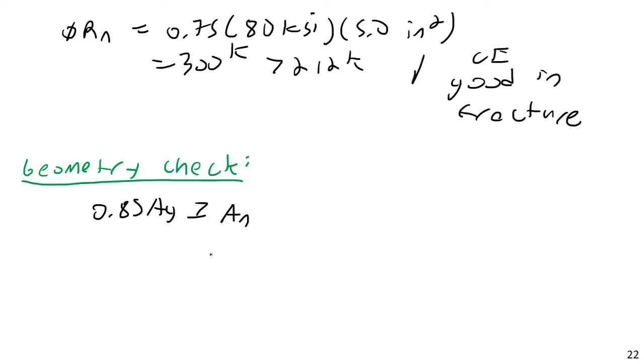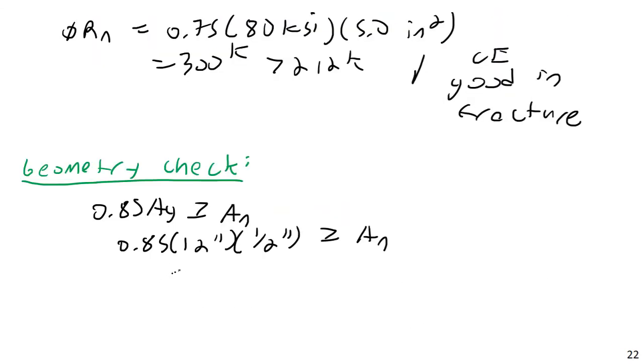So 0.85 times 12 inches times 1/2 inch must be greater than or equal to our gross area here, and that must then be greater than or equal to our net area, which is what we got previously.